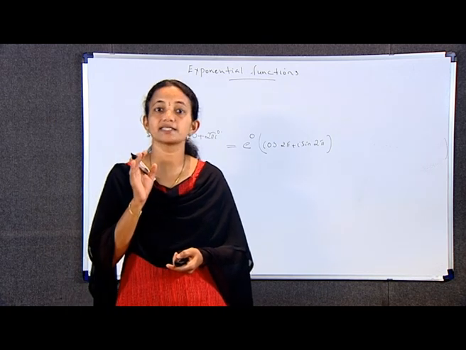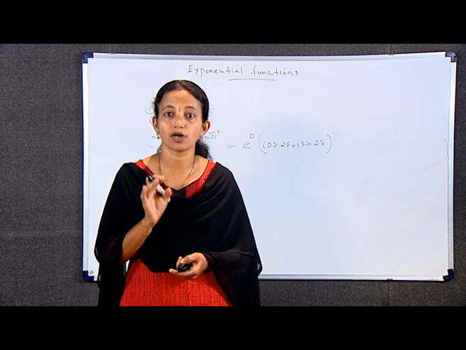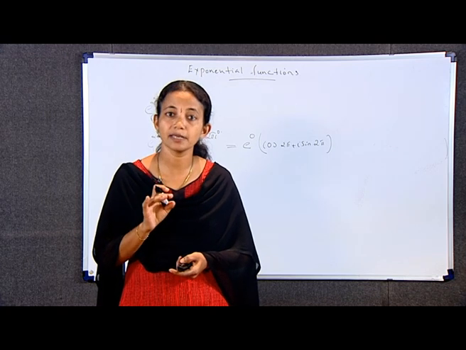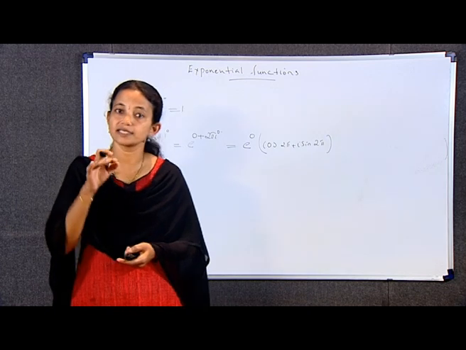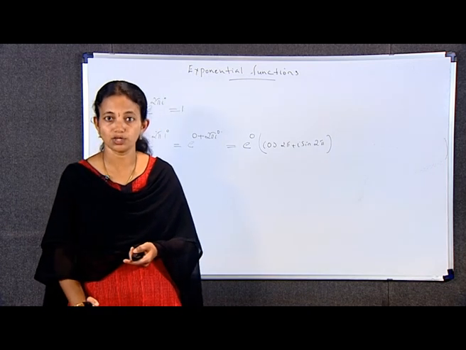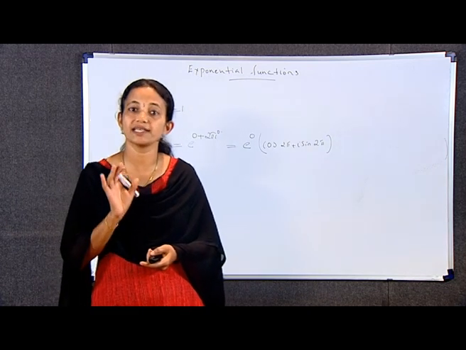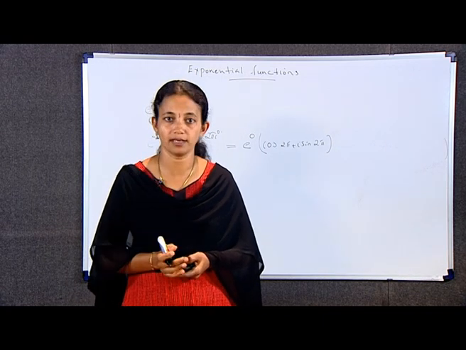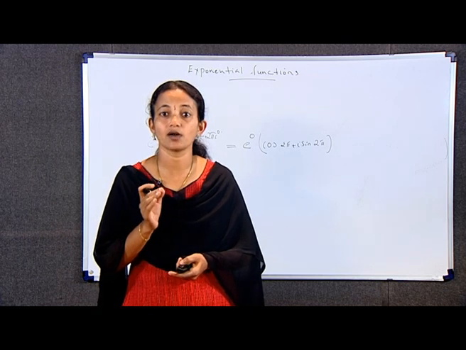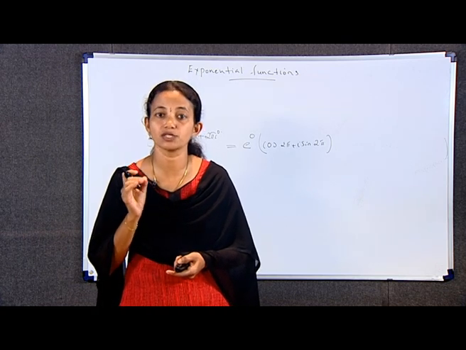Since f of z equal to e raised to z is a periodic function with imaginary period 2 pi i, all the values which f of z can assume are already assumed in the strip minus pi less than y less than or equal to pi. This infinite strip is called a fundamental region of e raised to z.